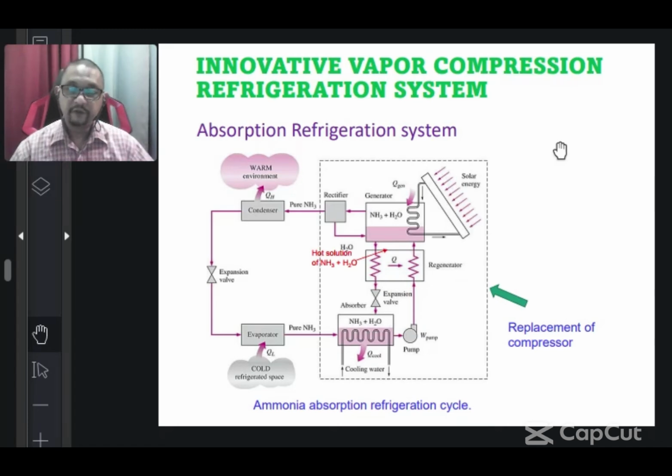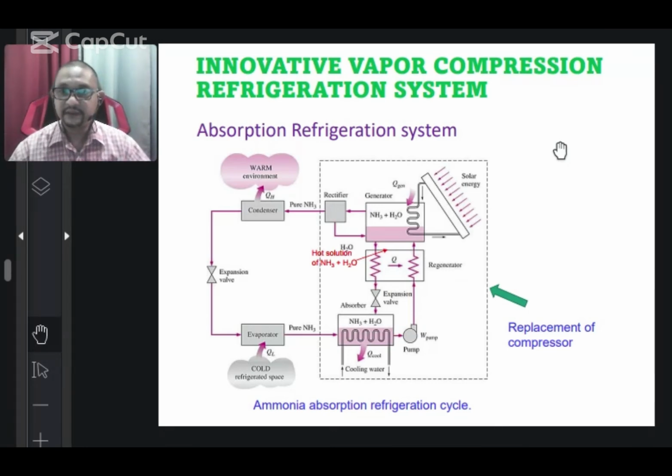Number three of modification is using what is called the absorption refrigeration system. This is another form of refrigeration that becomes economically attractive when there is a source of inexpensive thermal energy at a temperature of 100 to 200 degrees Celsius.